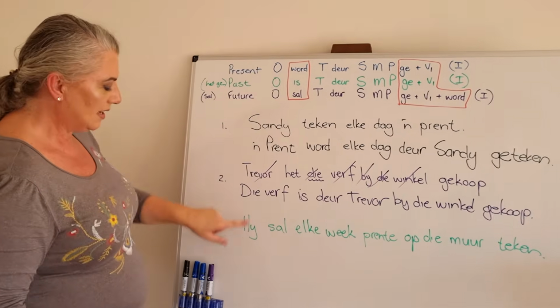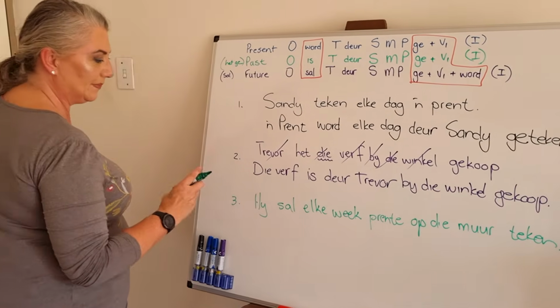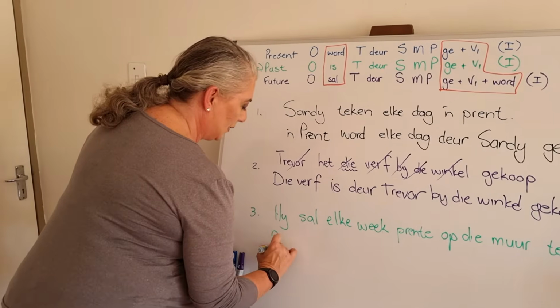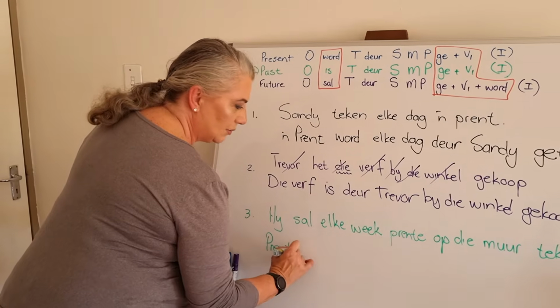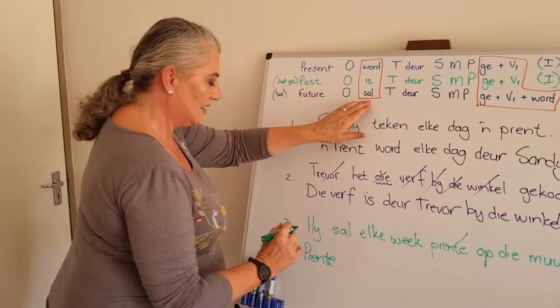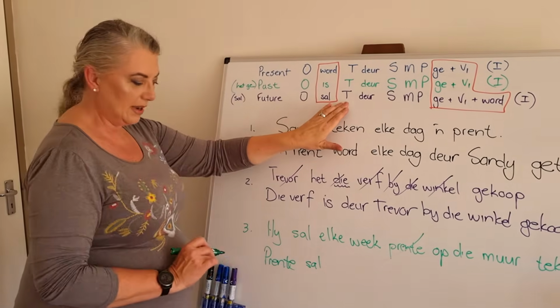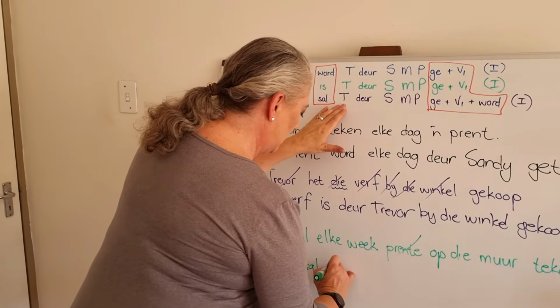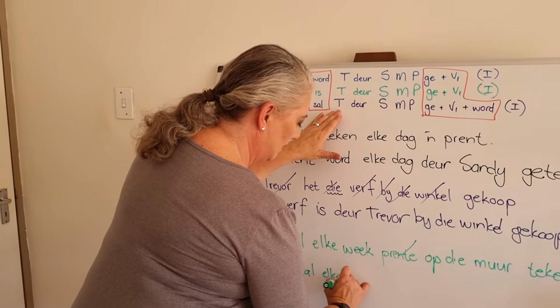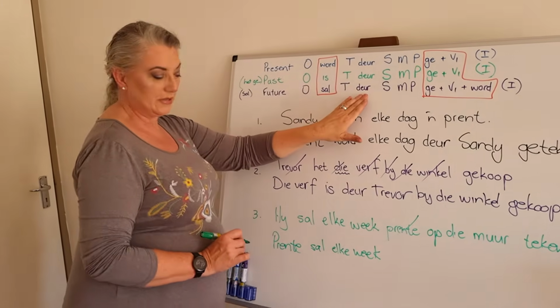The object is prente. Prente. Cross out the word. That's fine. What comes next? Sal. Time, elke week, every week. What comes next?